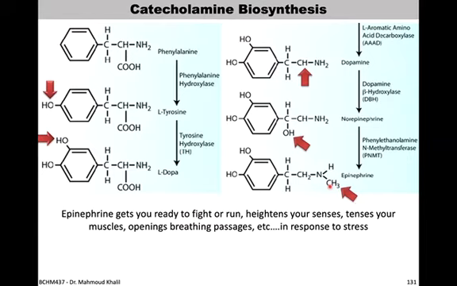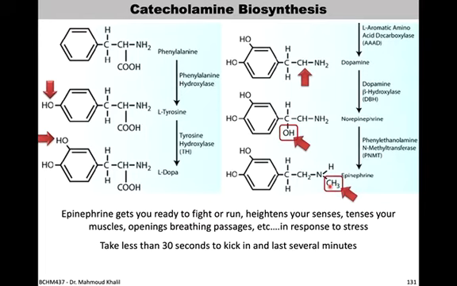It heightens your senses, tenses your muscles, and opens breathing passages in response to stress. It takes less than 30 seconds to kick in, so it is a very fast-acting hormone and lasts for several minutes. You can see the major difference between norepinephrine and epinephrine is the presence of a methyl group in epinephrine, which is absent in norepinephrine, and the presence of a hydroxyl group in norepinephrine, which is absent in epinephrine.